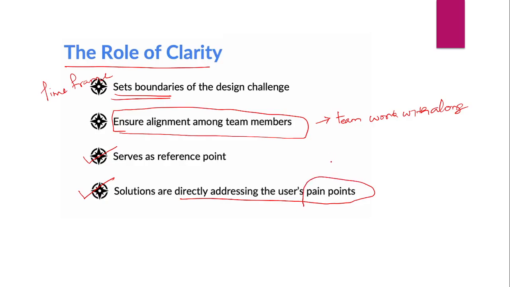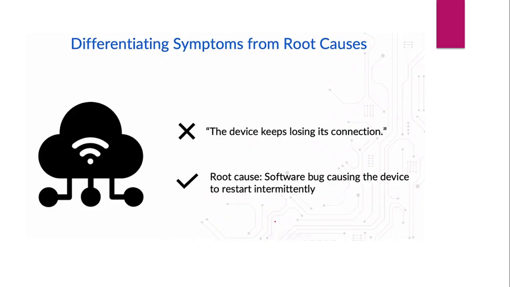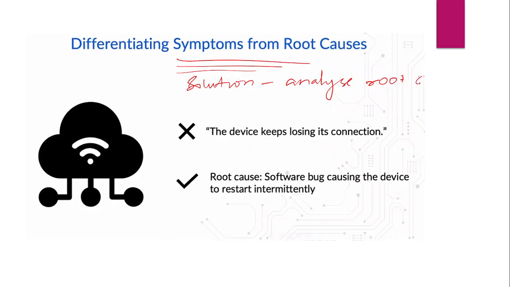Those pain points are addressed in the empathy module, and differentiating the symptoms and root cause, because whenever you give any kind of solution, you have to analyze the root cause for the problems.